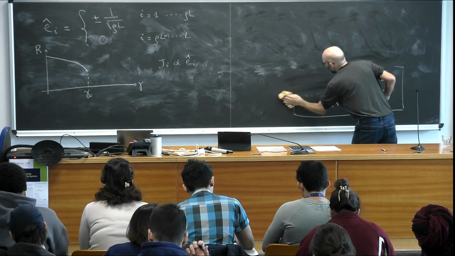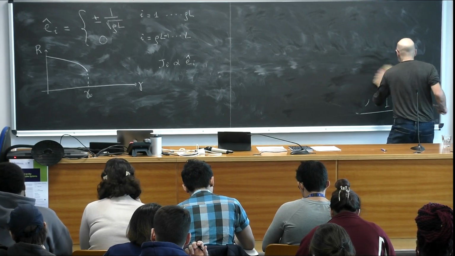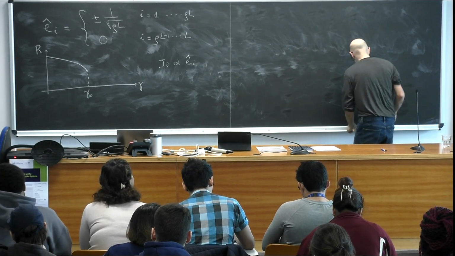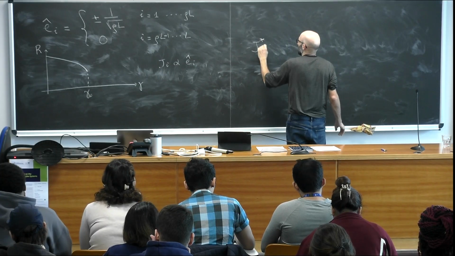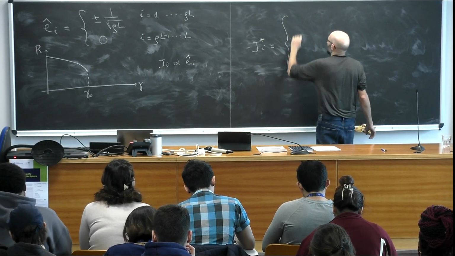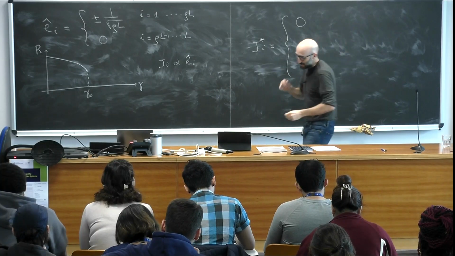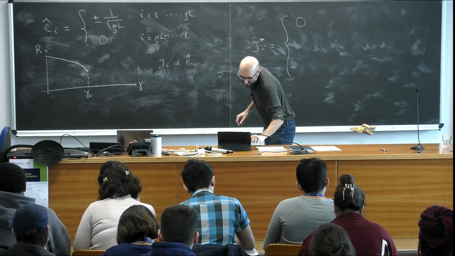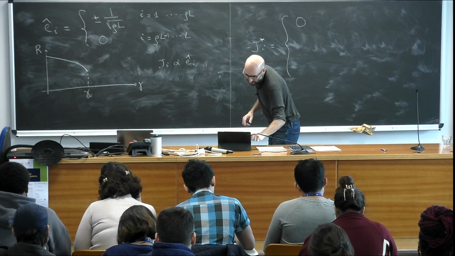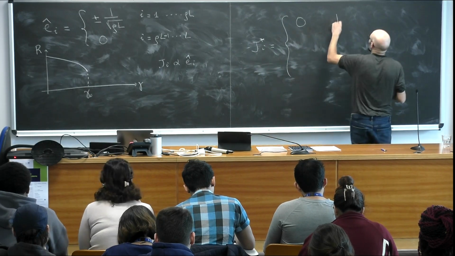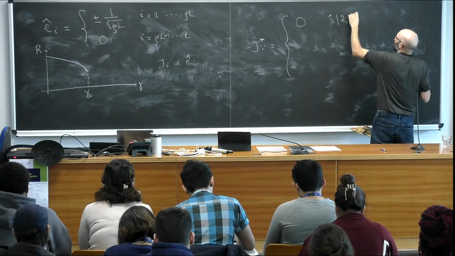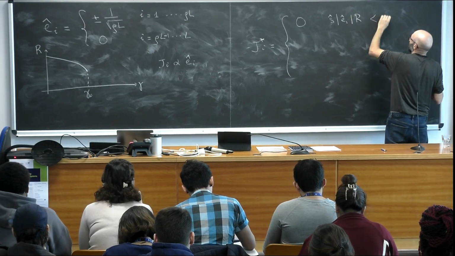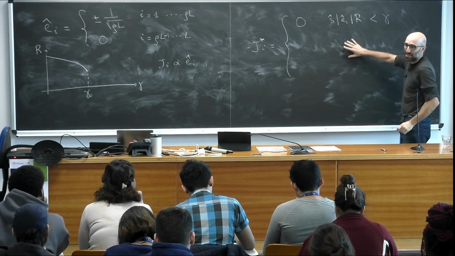What I had before was that J star, the fixed point, was equal to 0 when S hat times the absolute value of E hat times R is smaller than gamma. And otherwise it is non-zero.